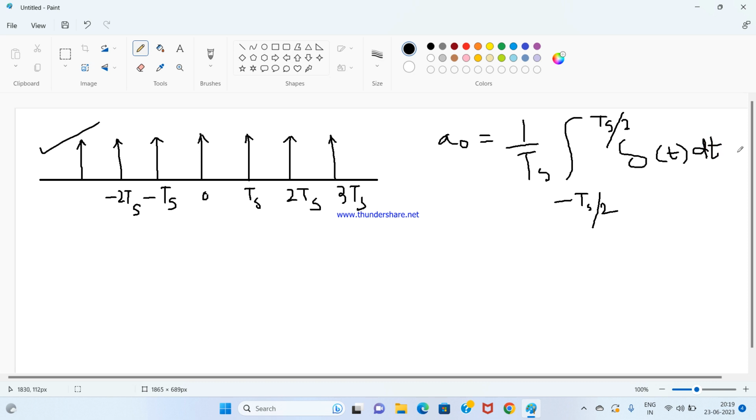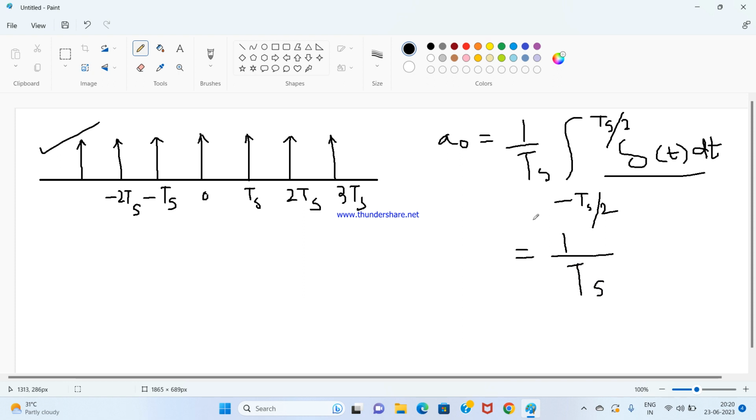But this impulse function only exists at t equal to 0, and that value becomes 1.